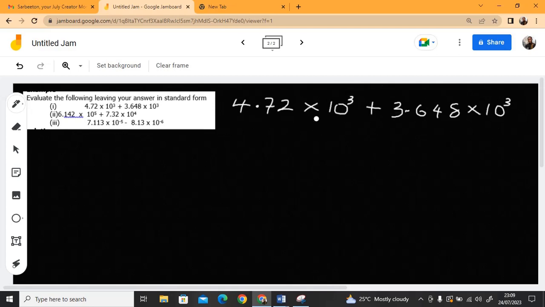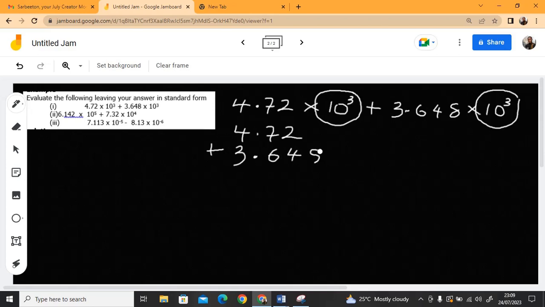It's very easy. Because both of them have the base of 10 raised to power 3, you can just pick one of them. You pick one of the base numbers, and you add this and this together. So I will have 4.72 plus 3.648.